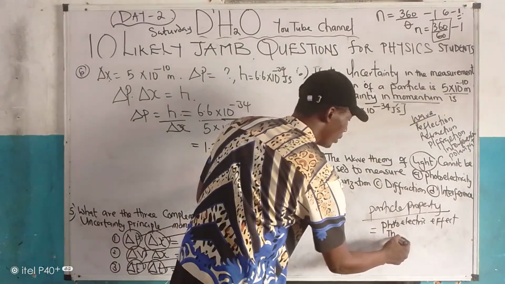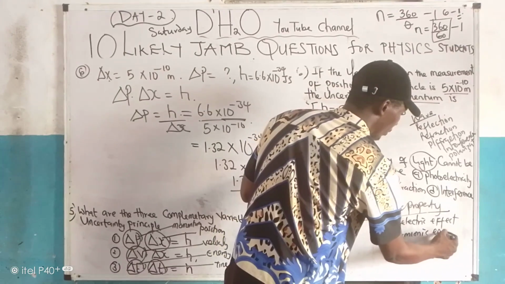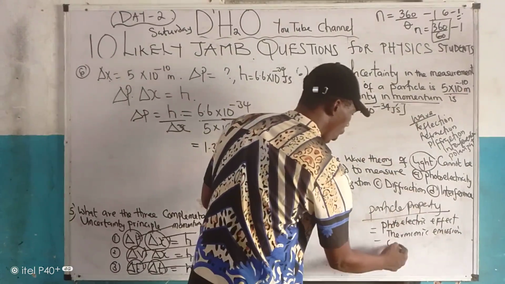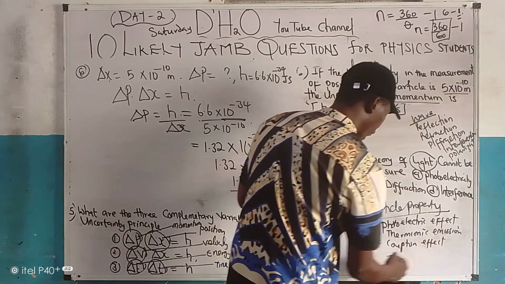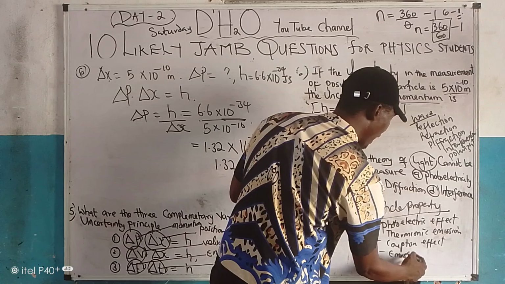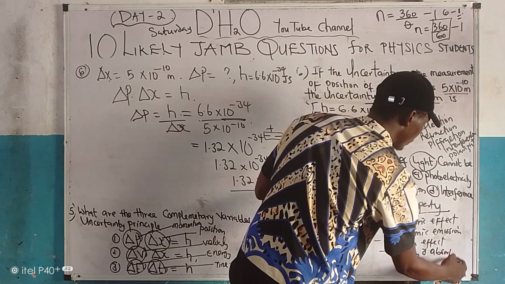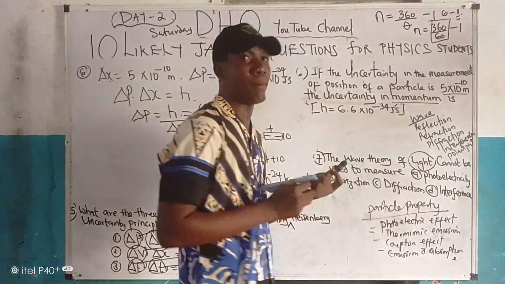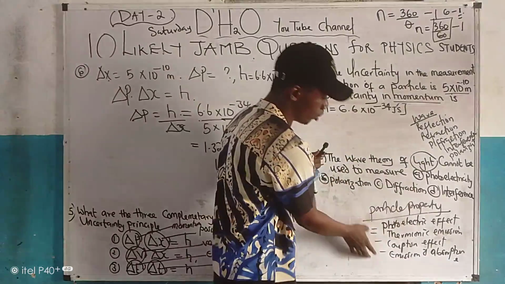Number 2, thermionic emission. Number 3, Compton effect. Number 4, emission and absorption, etc. So, when we talk about wave-particle duality, for wave we have this, for particle we have this.